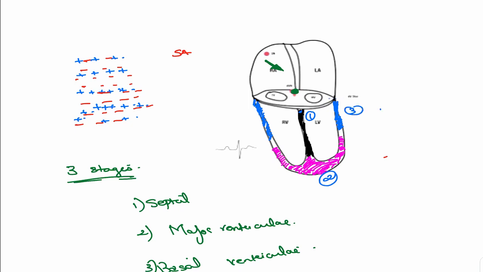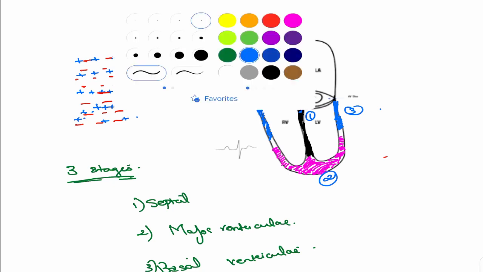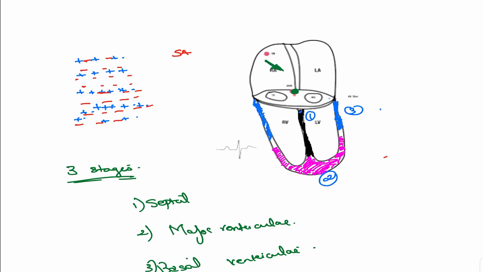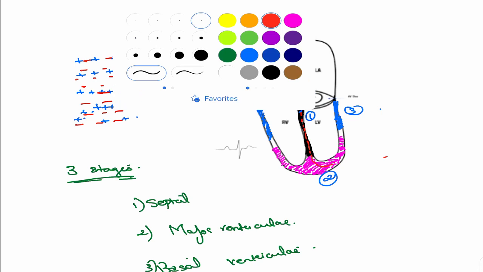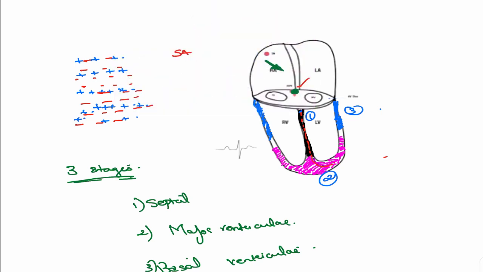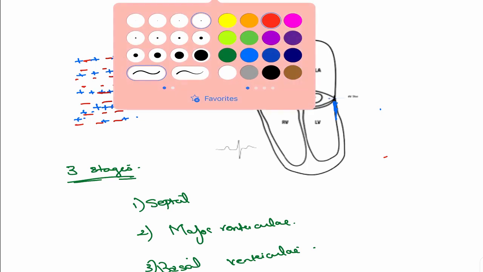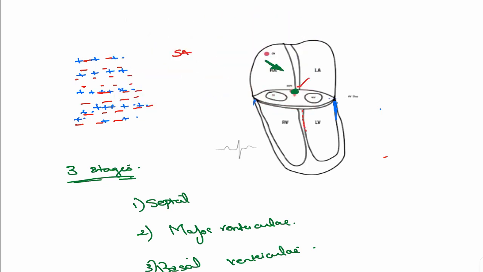And here the vectors we just saw change direction. How does the flow of the current from the AV node happen? It comes down like this through the septum.